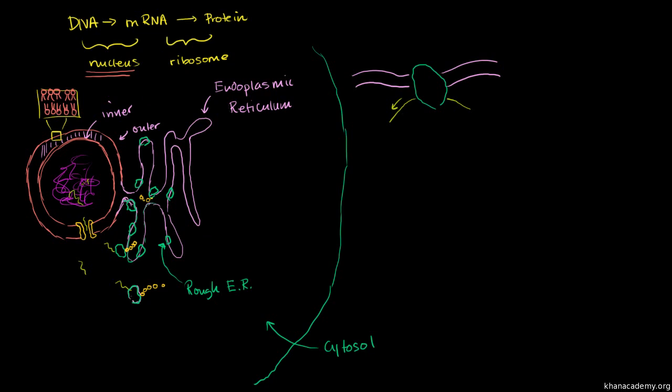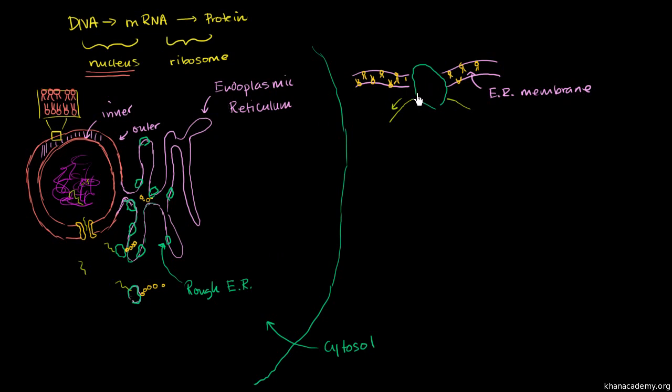Here is the ER membrane. The way I've drawn it, this is just one bilipid layer, so I could draw it like this. And this bilipid layer is continuous with the outer nuclear membrane. So let me just make it like that so you get the picture.